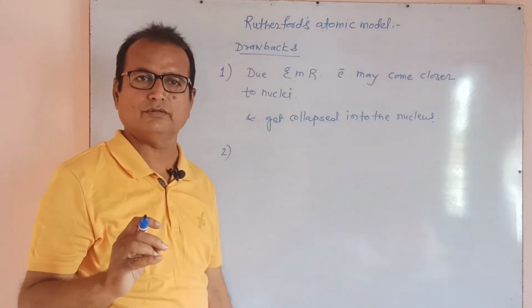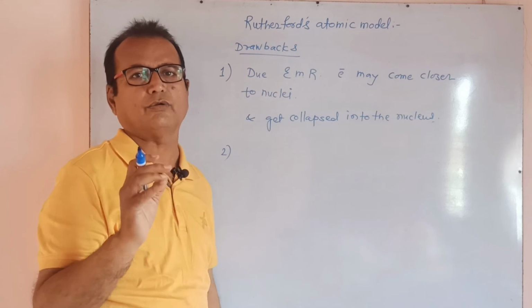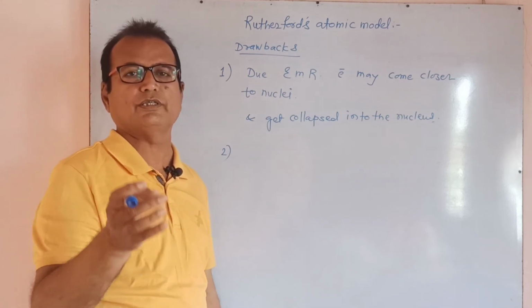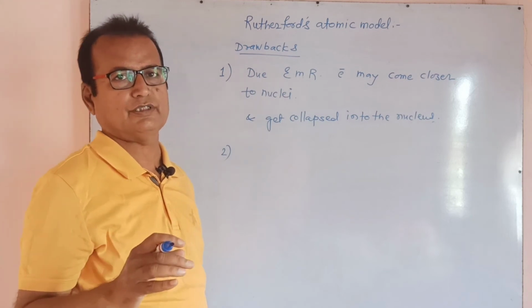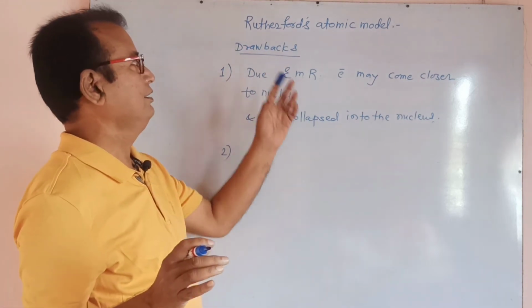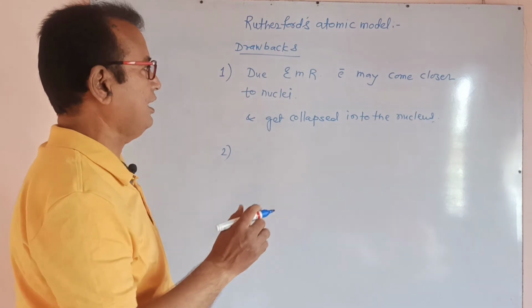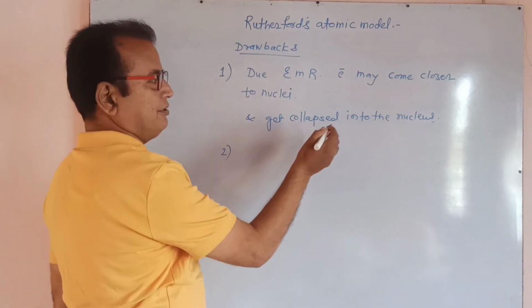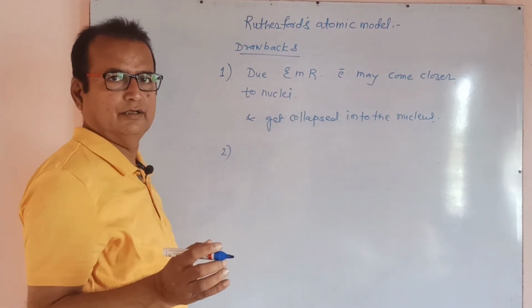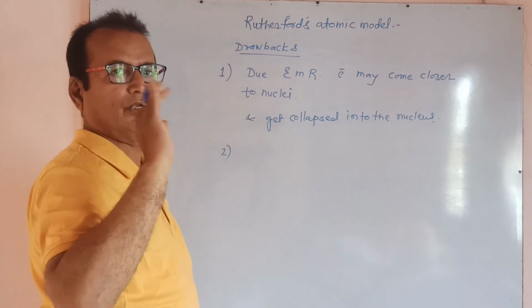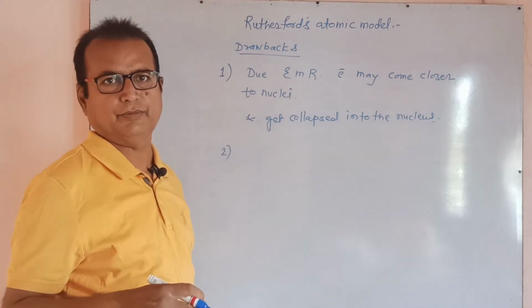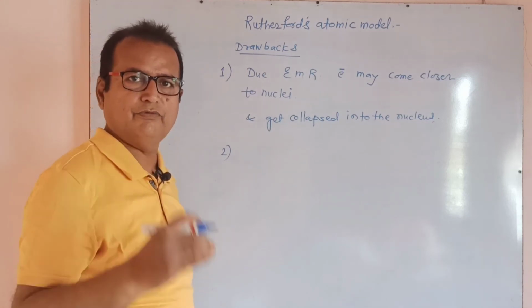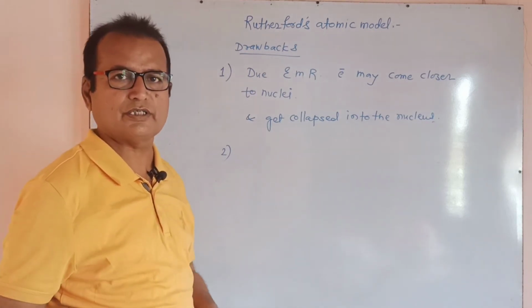He suggests the orbit, but he cannot suggest what is the path of the electron, or what is the distance of the electron from the nucleus. It is not suggested by Rutherford. It means that such a collapsing process is not happening, because all atoms are stable. If Rutherford's theory were acceptable, then atoms would not be stable.